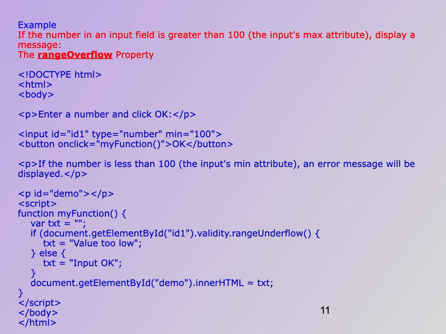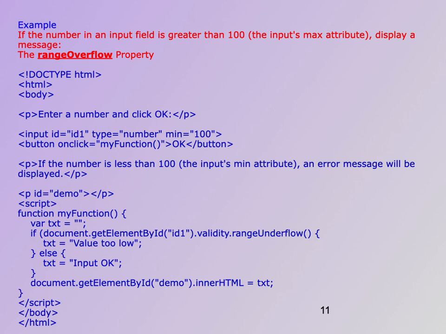In our script function, myFunction, there is a txt variable that is assigned an empty string, followed by a condition check. If document.getElementById id1, that is the number field, dot validity dot rangeUnderflow.